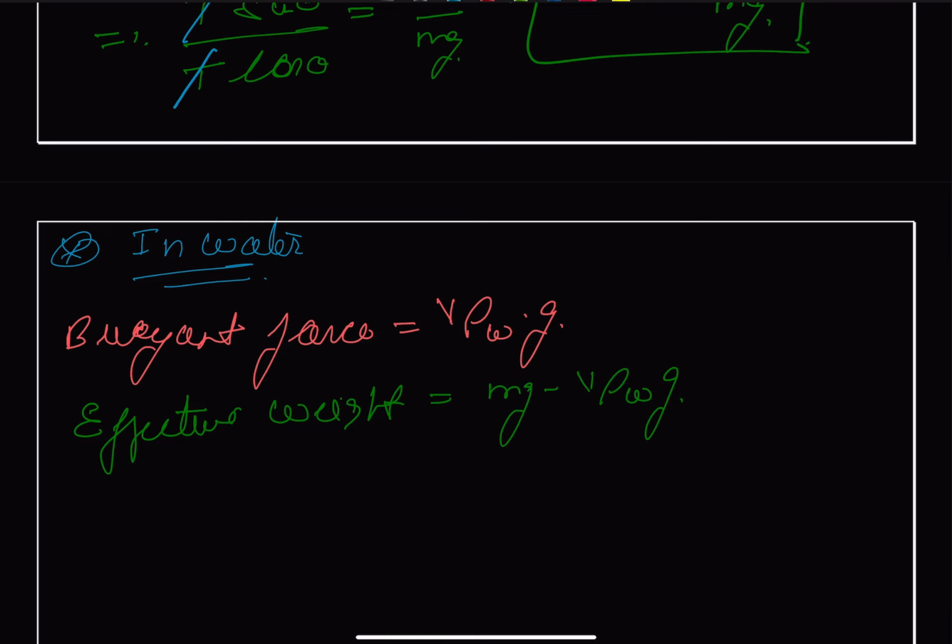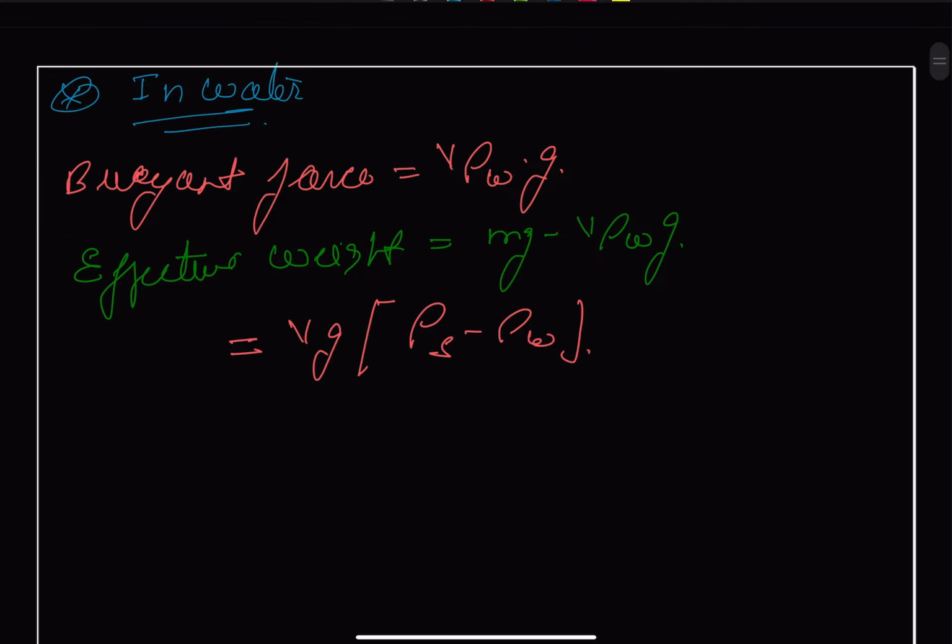So the effective weight will be equal to volume times g, which we can take common, times the density of the solid minus the density of the liquid, which is water in this case. Now in water we are going to find out the electrostatic force.